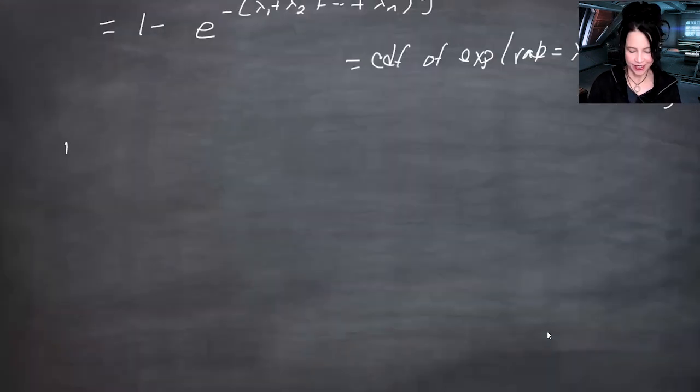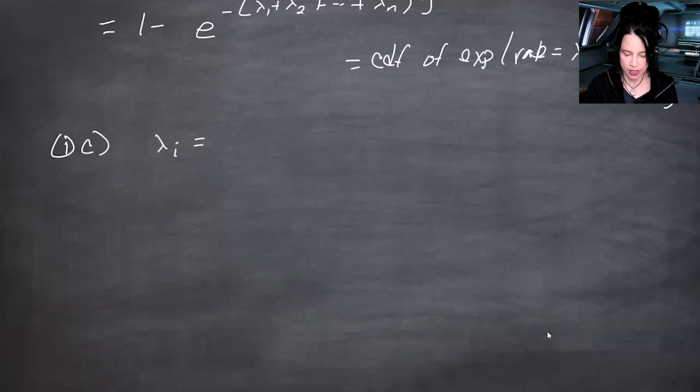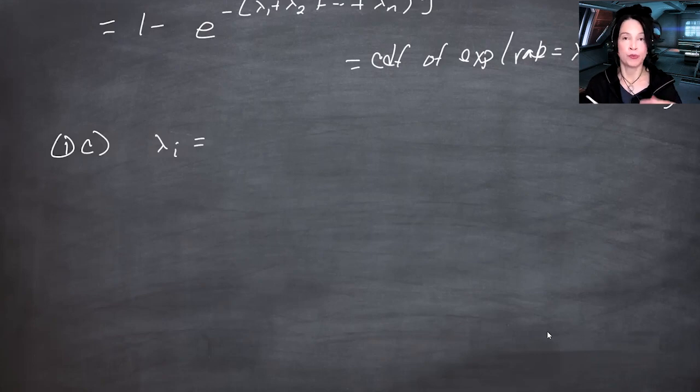I was trying to do 1C, and this was to reason out the birth rates. If there's I people in the population, the time until an increase is going to be I exponentials with rate lambda racing, and that is a minimum, and that is another exponential with rate I times lambda, and that also races with the extra exponential with rate theta.